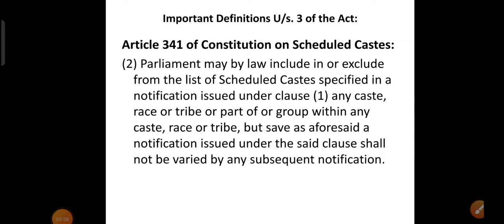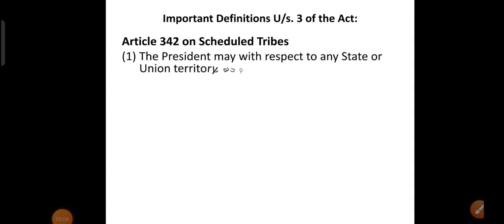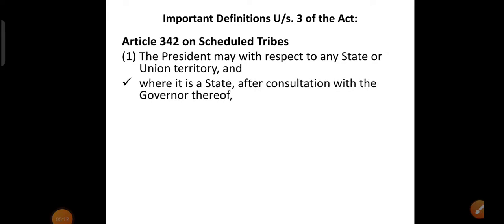Article 342 states about scheduled tribes. Under clause 1, here also the same method is followed: the president may, with respect to any particular state or union territory, and if it is a state, consult with the governor thereof.